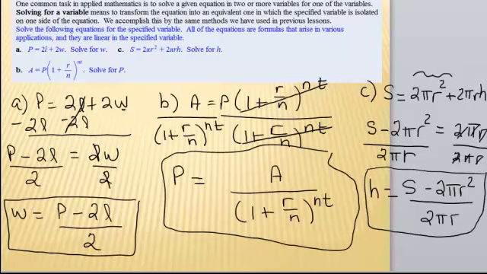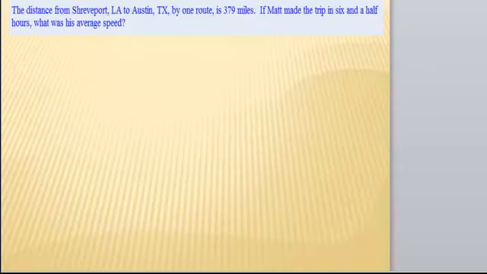Okay, let's see what we have on the next page. The distance from Shreveport, Louisiana to Austin, Texas by one route is 379 miles. If Matt made the trip in 6.5 hours, what was his average speed?